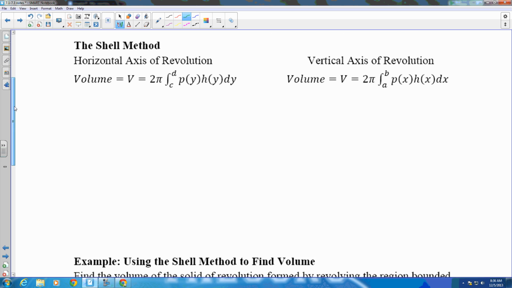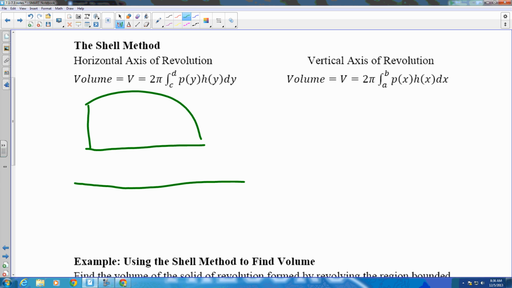If we have a horizontal axis of revolution, and we have this shape over here to revolve around the horizontal axis, it's going to be from C to D is going to be our limits of integration, and we're always going to want to draw in that rectangle.